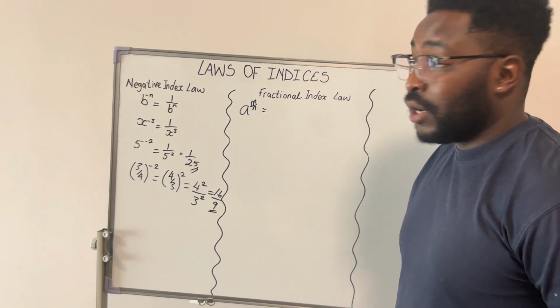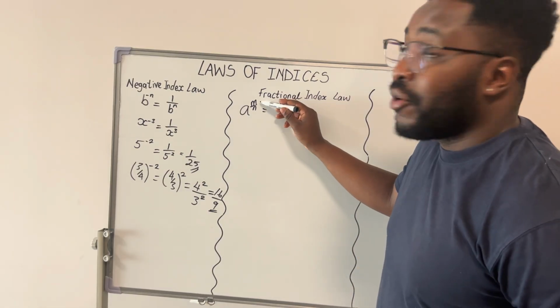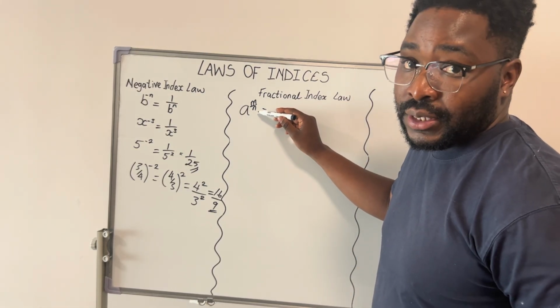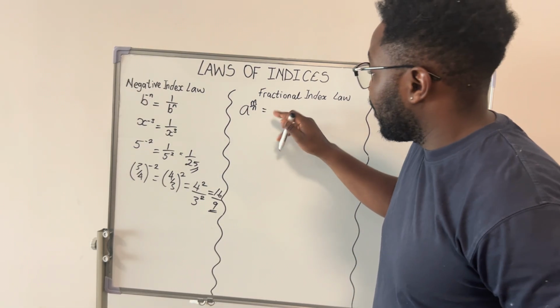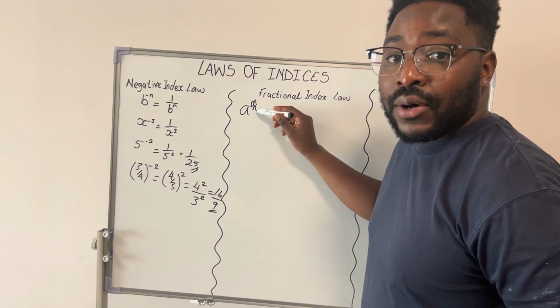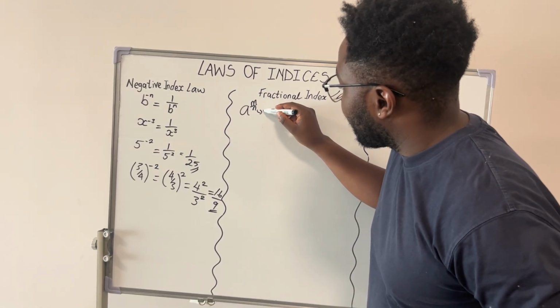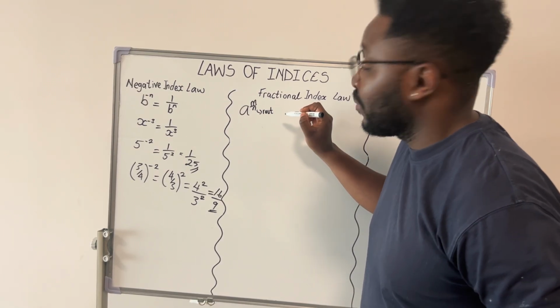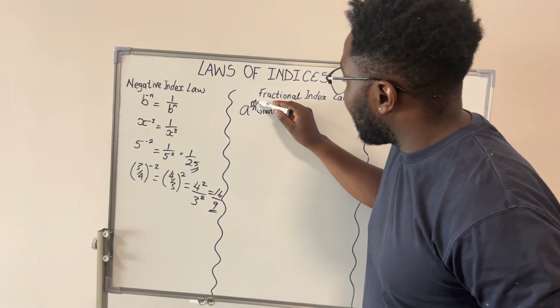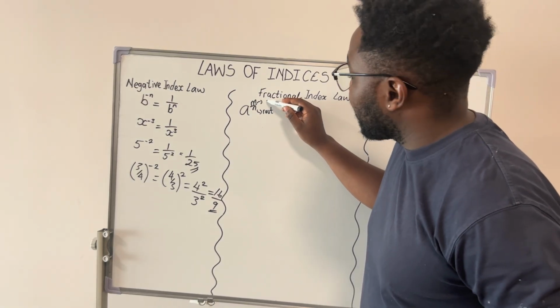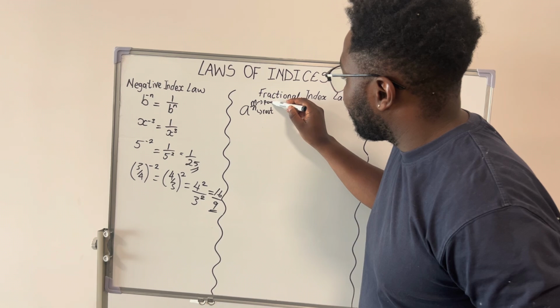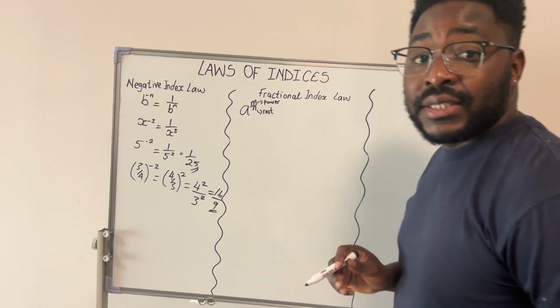We have a numerator and a denominator. This denominator tells us the root, and this m tells us the power to raise it to.